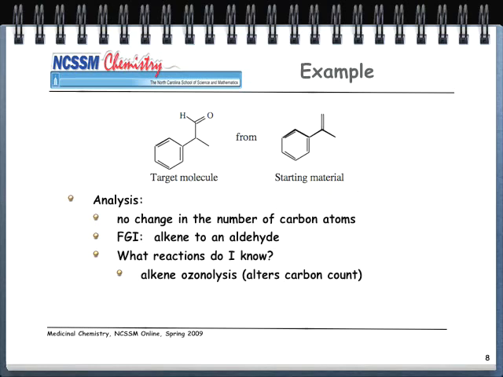So that reaction might change the alkene to the aldehyde, but in the process of doing so, it changes the carbon count, so that's probably not a good reaction to use. Okay, I can do oxidation of a primary alcohol, and the advantage there, of course, is the carbon count is unchanged, so that may be a possible mechanism by which I can do this particular synthesis.